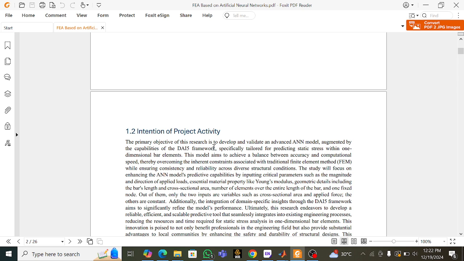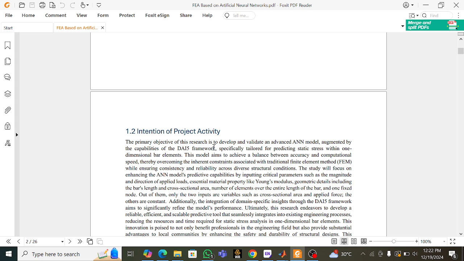If we predict the tensile stress in a bar, the result will be closely related to the real one, and it will take less time to predict the result with the artificial neural network. That will ultimately reduce the energy as well as time. This is the technical perspective of this study.